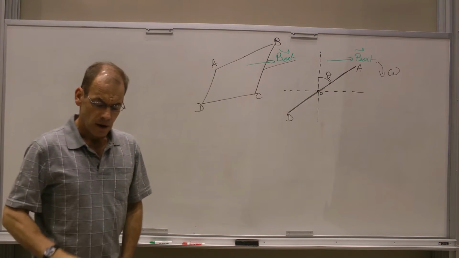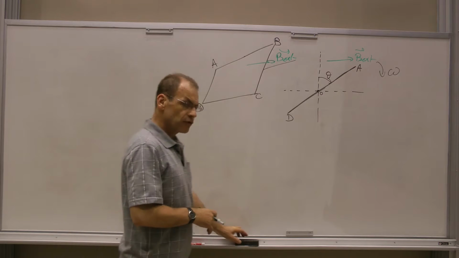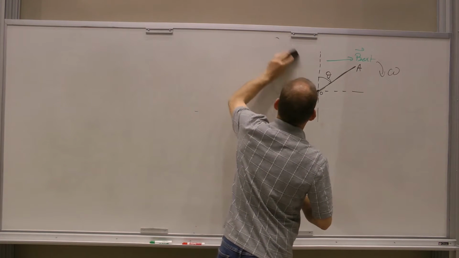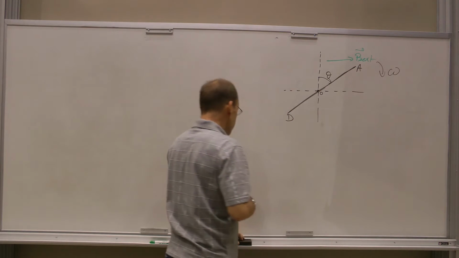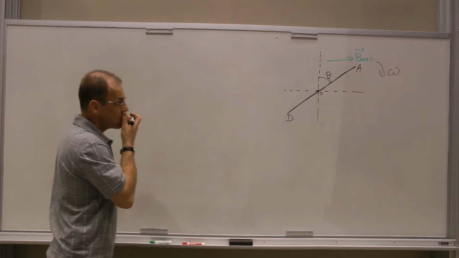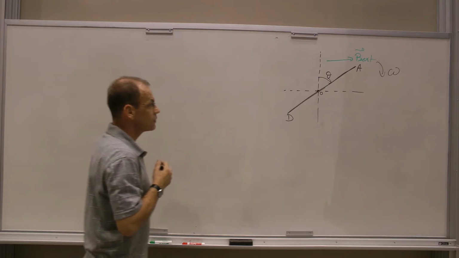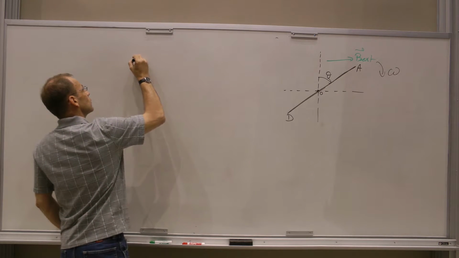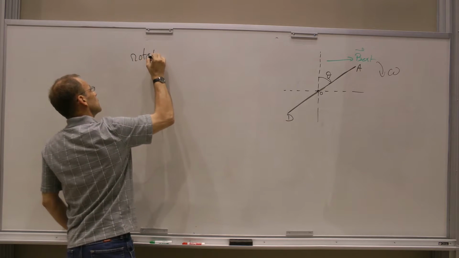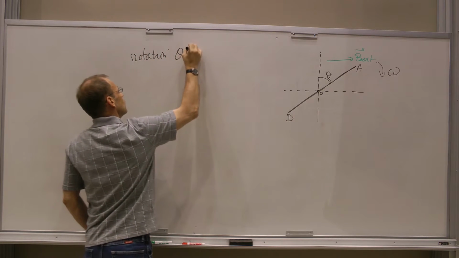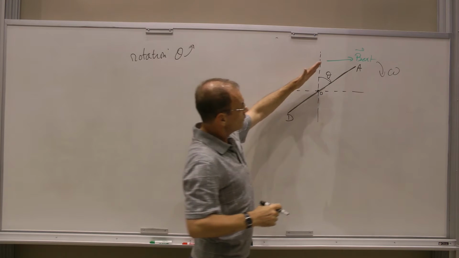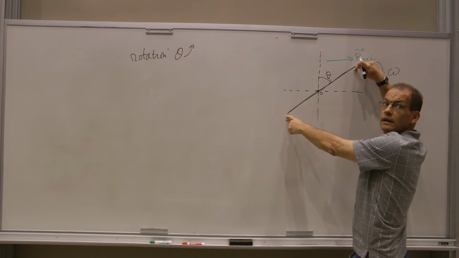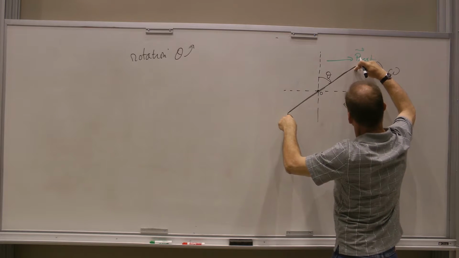So let's look at what happens from a magnetic perspective. From the magnetic perspective, we have a change in magnetic flux. Indeed, what happens as the loop rotates? If you have rotation, theta is increasing. As theta is increasing, the cross-section area of the loop subjected to the magnetic field is decreasing.